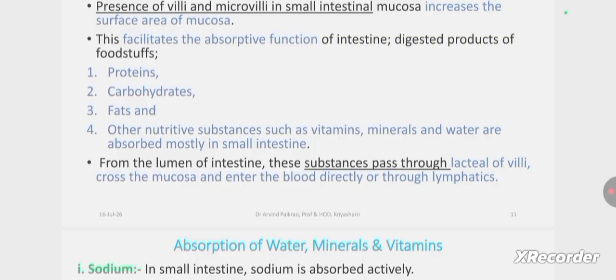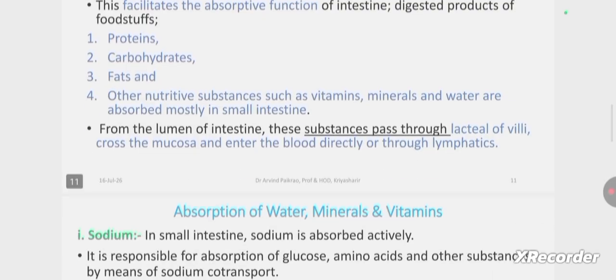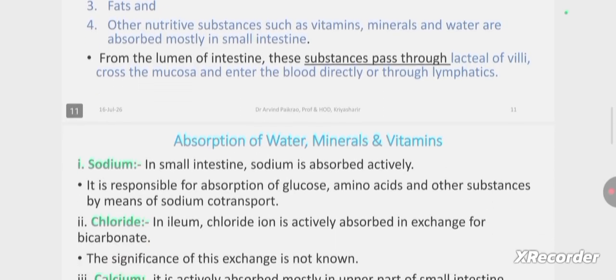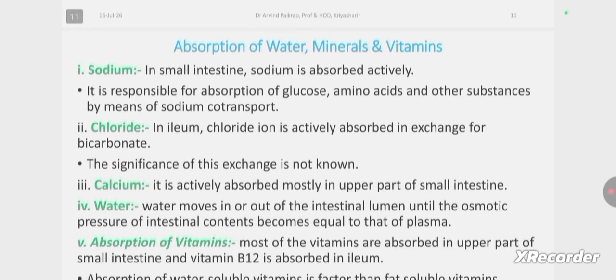It will be transported to the lacteal. It crosses the mucosa and enters the bloodstream through the lymphatics. In that way, it is absorbed. Then we'll see the absorption of water, minerals and vitamins. Sodium is absorbed along with glucose, amino acids and certain other substances by co-transport.